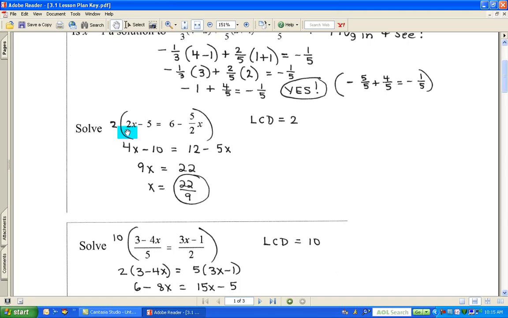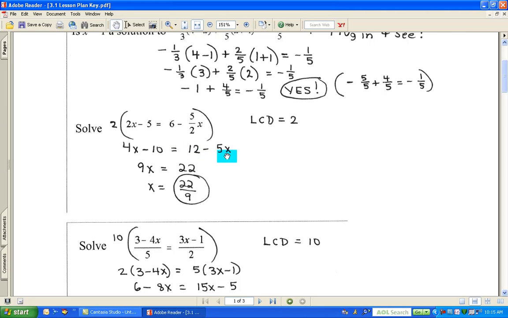So putting these parens around the entire equation is my way of saying multiply every term by 2. So this becomes 4x minus 10 equals 12 minus 5x.